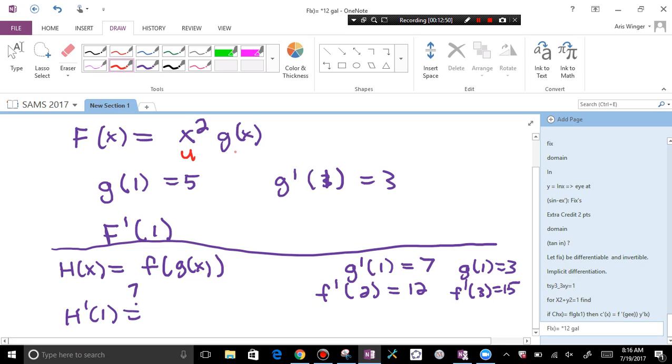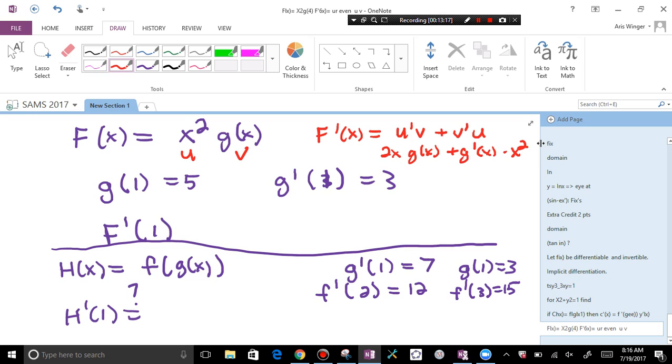This is u, that's v. I should have used this thickness a long time ago. This is way better. f prime of x is u prime v plus v prime u. u prime is 2x. v is g of x. v prime is g prime. And then u is x squared. And I think we have all of those values. And therefore, f prime of 1 is, you put a 1 everywhere there's an x.